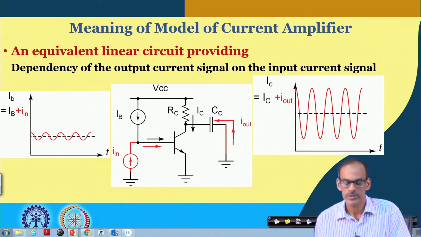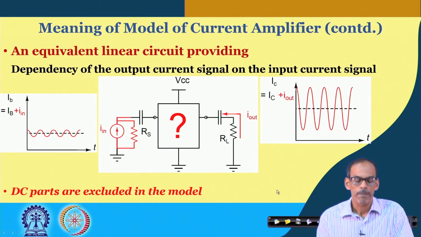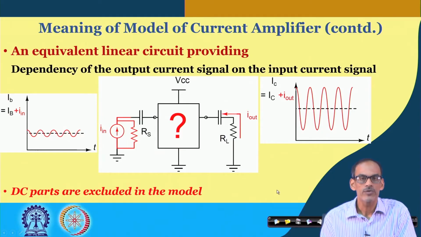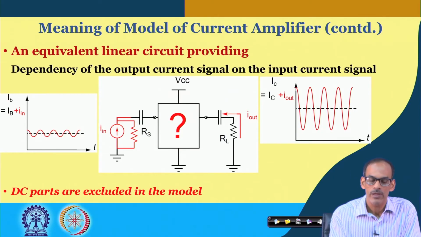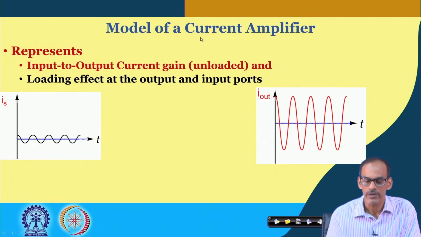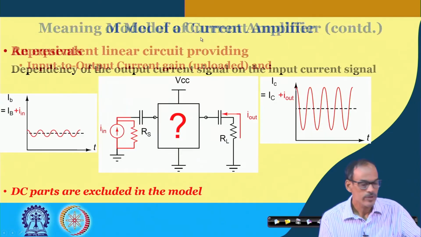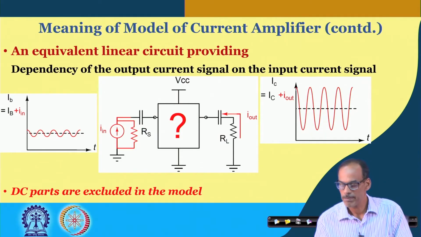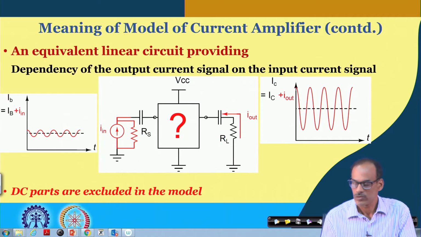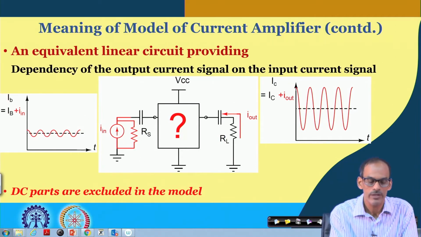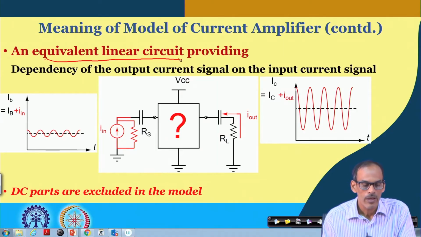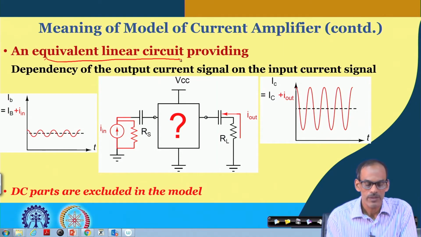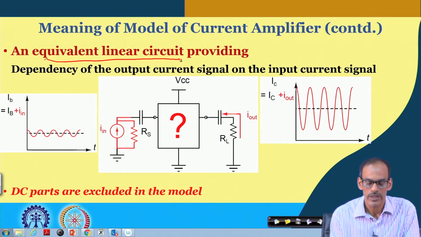Yes. So, when we talk about the model of an amplifier, we are referring to one equivalent linearized circuit which represents the entire circuit to find the input to output relationship.